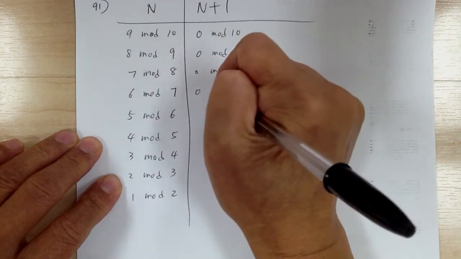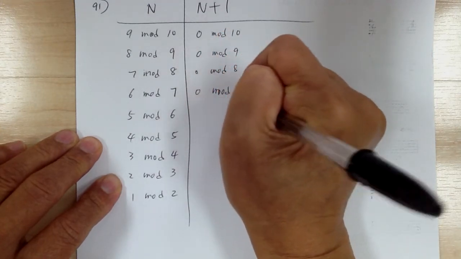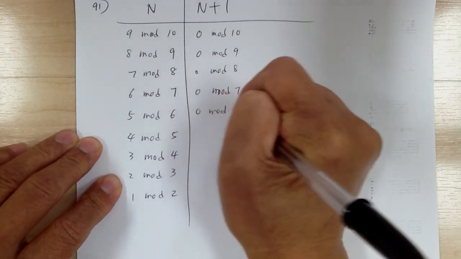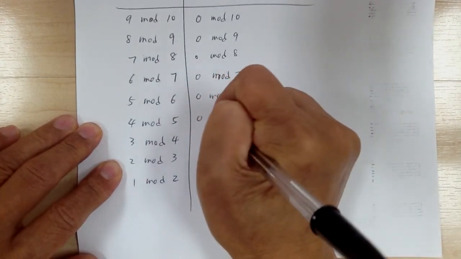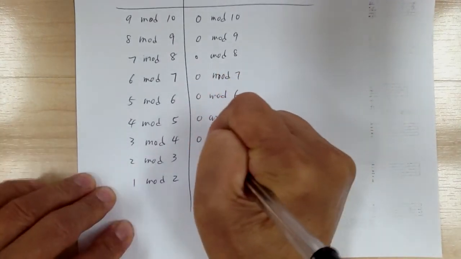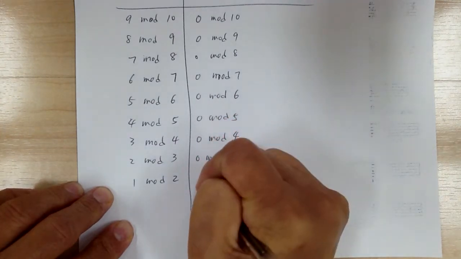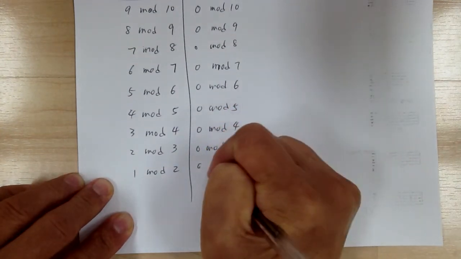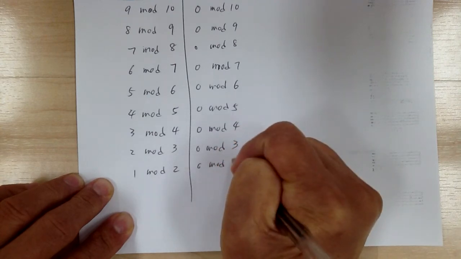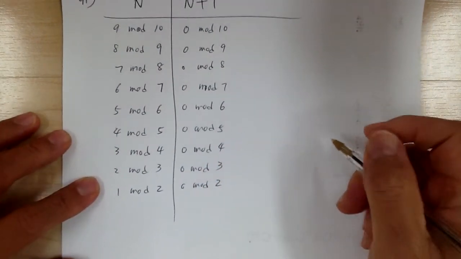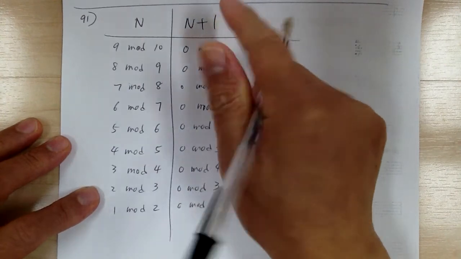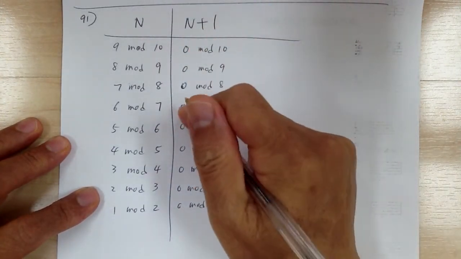And so this becomes 0 mod 7, 0 mod 6, 0 mod 5, 0 mod 4, 0 mod 3, 0 mod 2. Okay? So in other words, this number divided by all these has a remainder of 0.